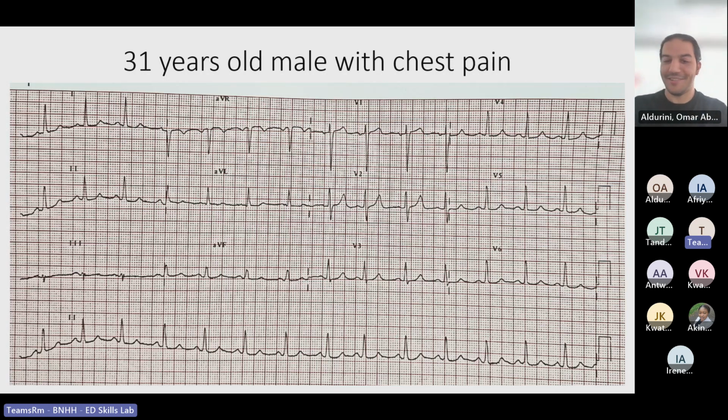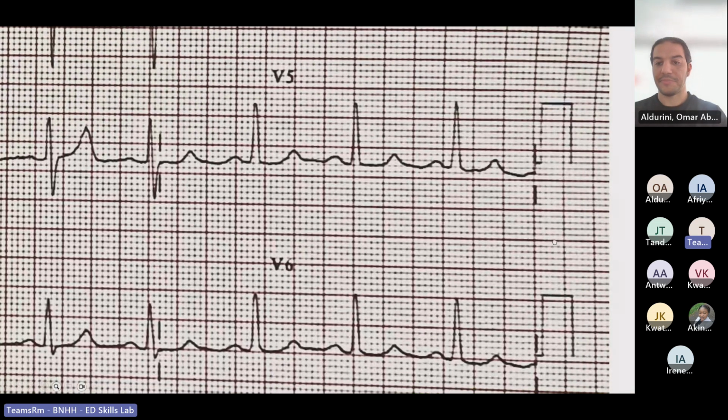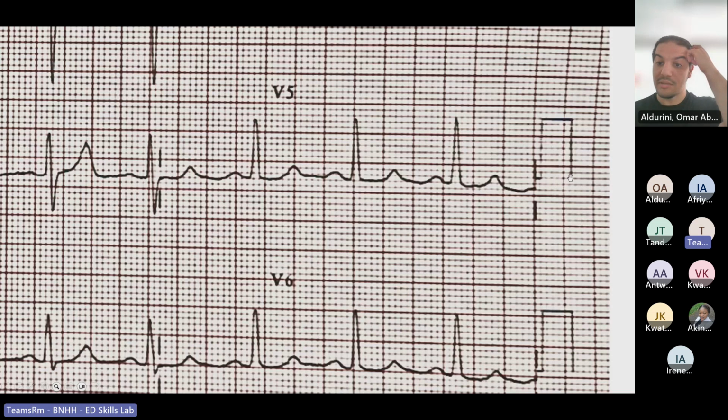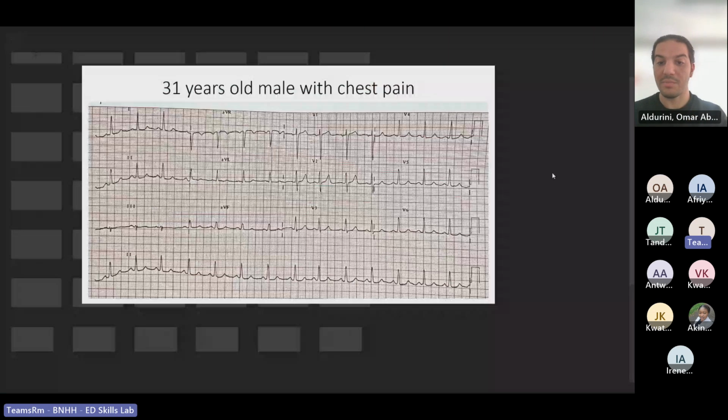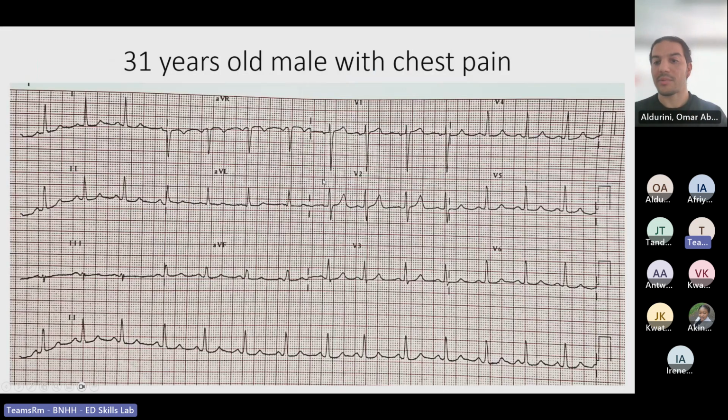You can see 1, 2, 3, 4, 5, 6, 7, 8, 9, 10 small squares. As we said before, amplitude of 1 millivolt should be represented by 10 small squares, and this is our first point. Second point, the speed. Unfortunately, we can't find the speed here because it's cut.